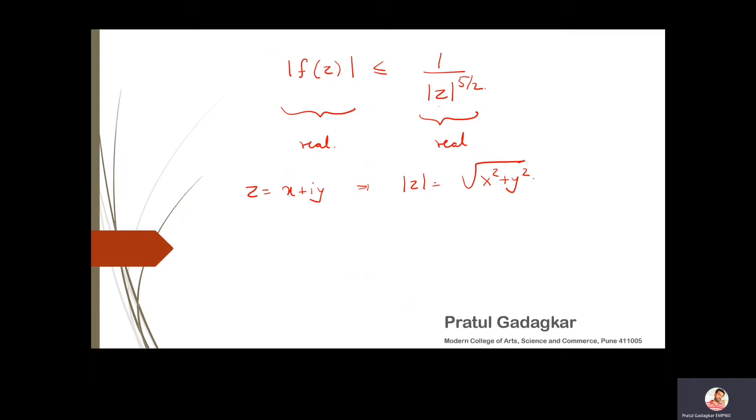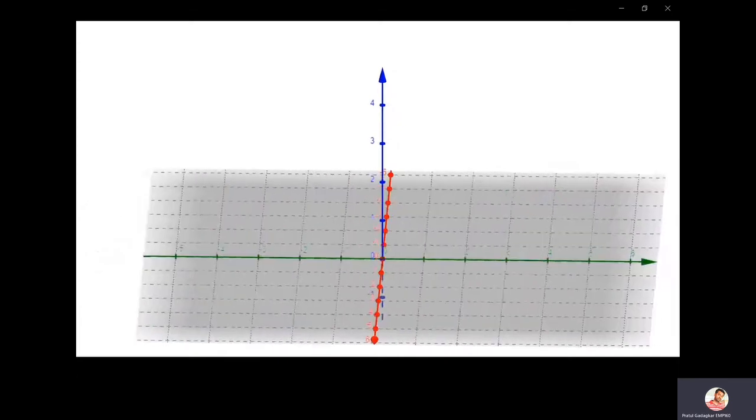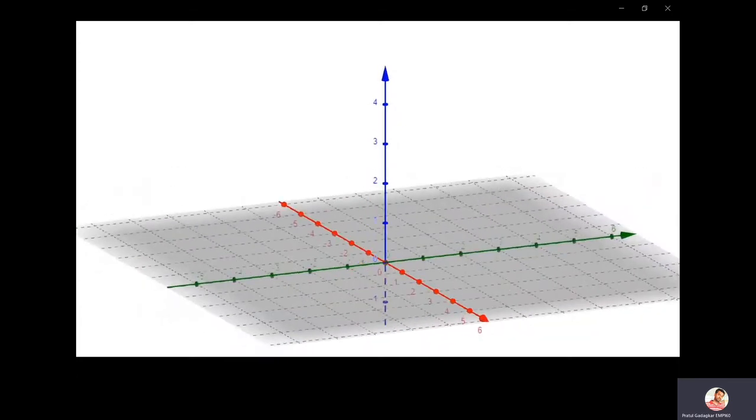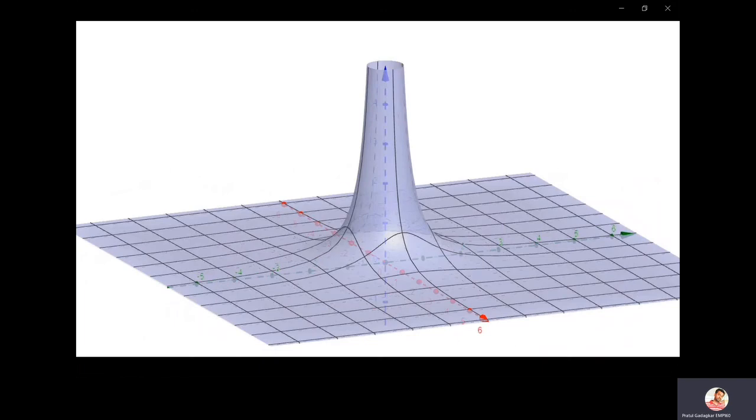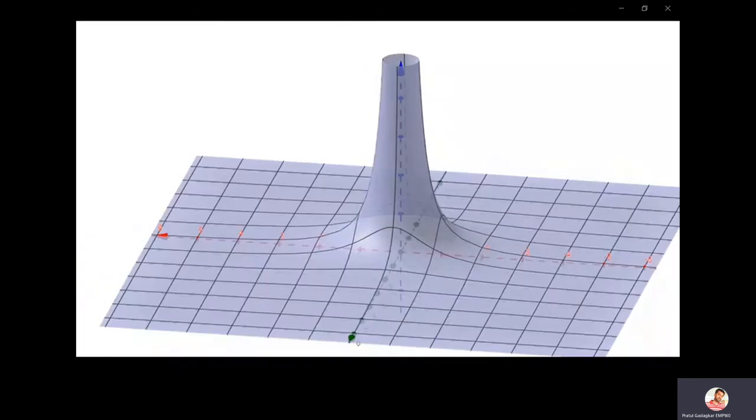So we will see a graphical representation of this inequality so that you will understand how a function which satisfies this property should look. So this is the xy plane, and the third is the real axis, in blue color. So 1 upon x square plus y square should look like this, because as x, y tend to 0, the graph will go to infinity, right?